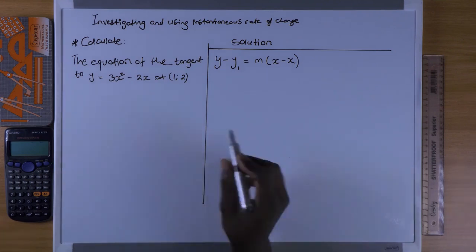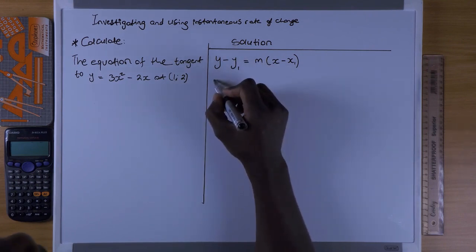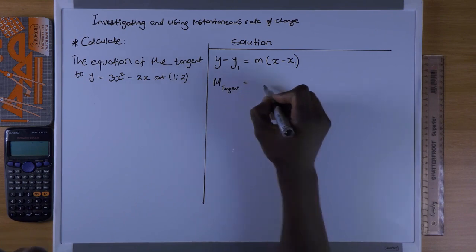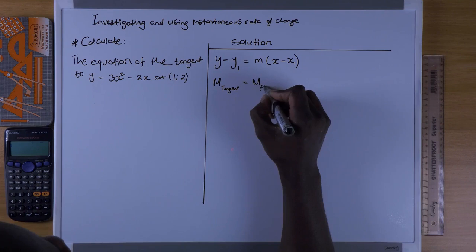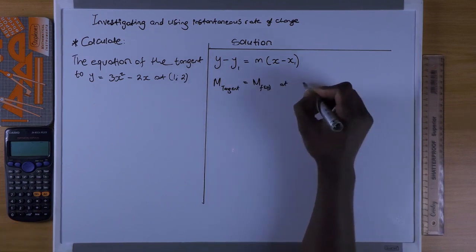We don't have the gradient, but we can find it, because the gradient of a tangent, m of a tangent, is equal to m of f of x at that point.